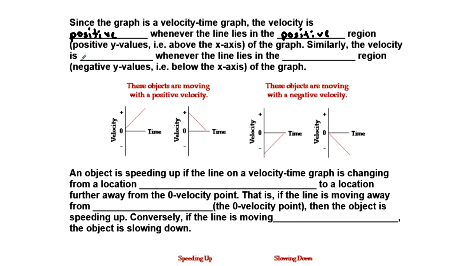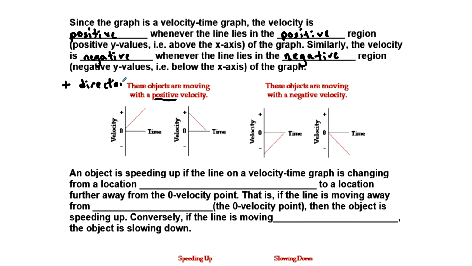Similarly, the velocity is negative, and by negative, we just mean going in the negative direction, when the line lies in the negative region of the graph, right? So the negative region is down here, below the x-axis. So this just shows these objects are moving with a positive velocity. So what that means is a positive direction.